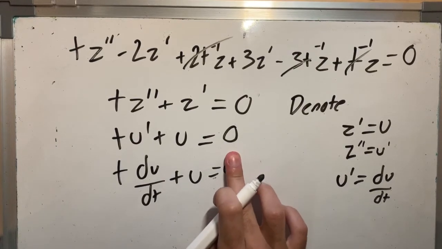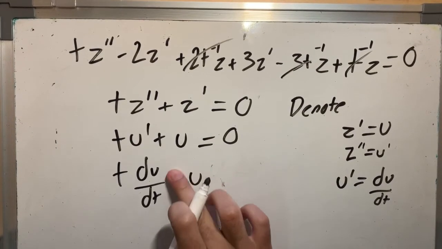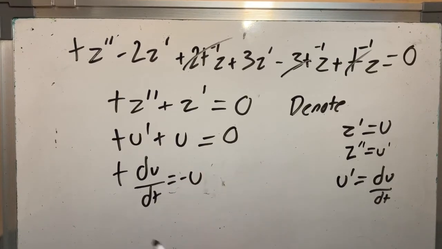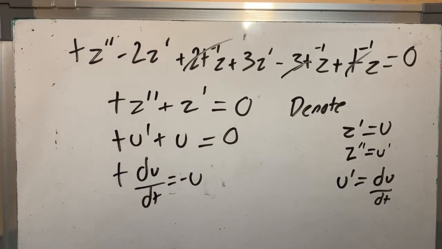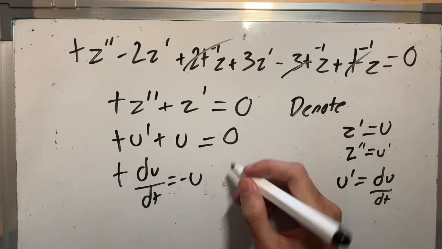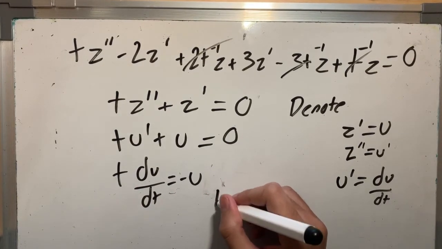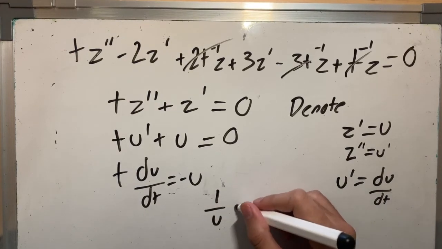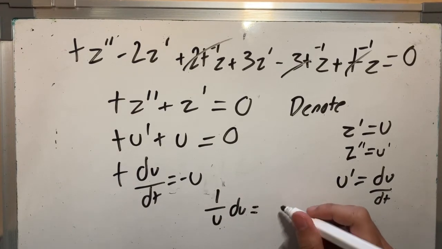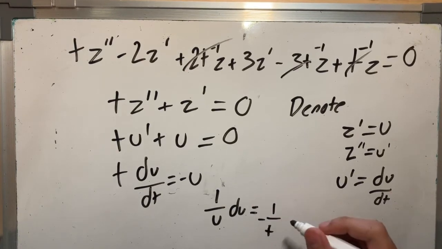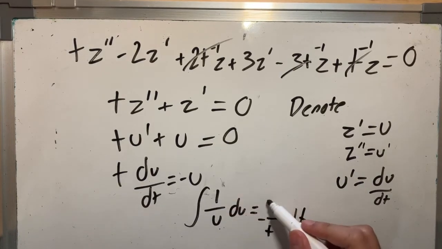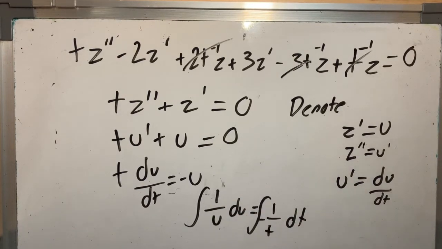So we can subtract u on both sides. It ends up being 1 over u du is equal to negative 1 over t dt. And we can integrate both sides with respect to their own variable.